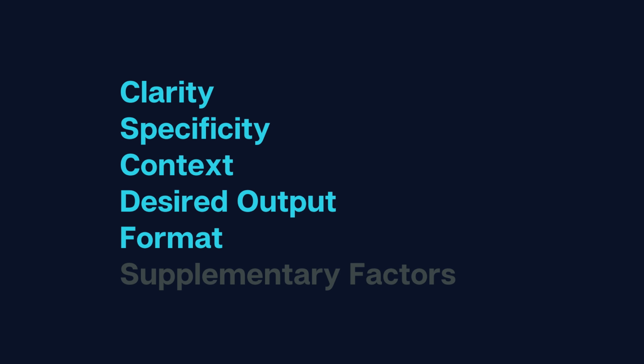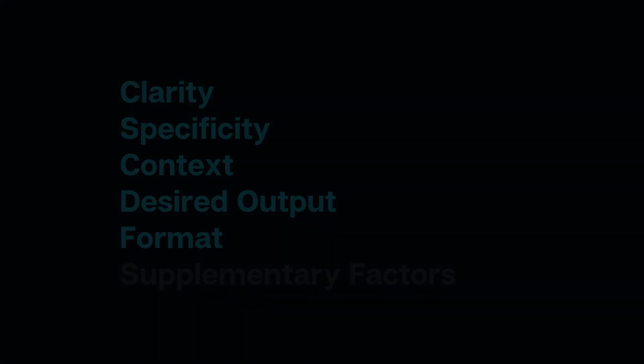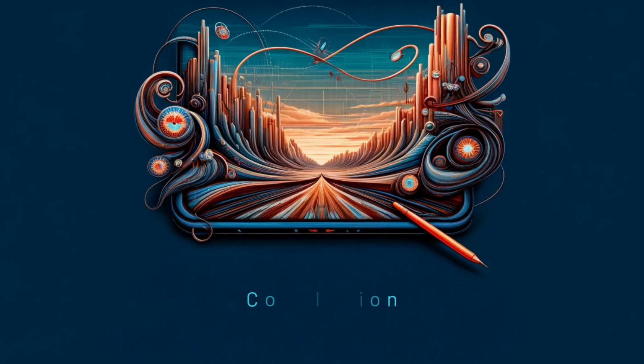While these 5 elements serve as the foundation of effective prompts, there are other supplementary factors that can enhance your interaction with Chat-GPT, such as setting clear objectives, specifying roles, providing illustrative examples, outlining the scope, applying constraints, and choosing an appropriate style. These additional elements can be valuable tools in tailoring your prompts to the specific needs of your monitoring and evaluation tasks. Now you've learned what a great prompt looks like, but remember, this isn't set in stone.